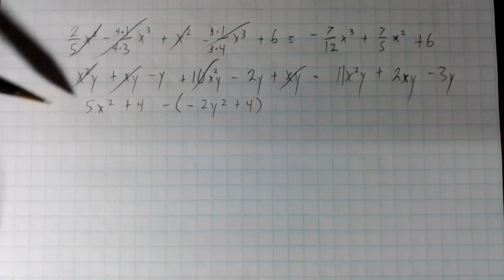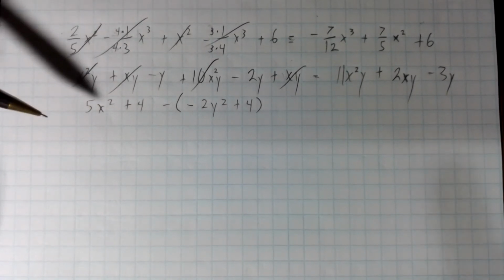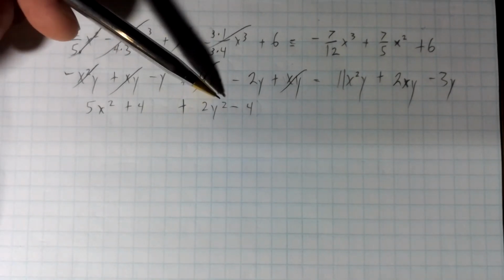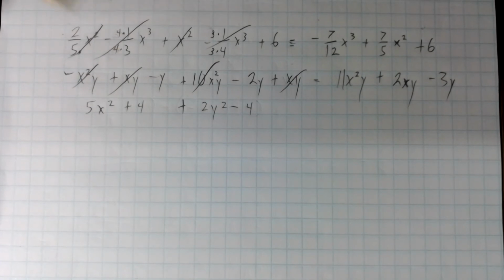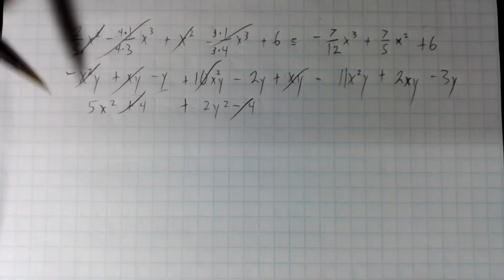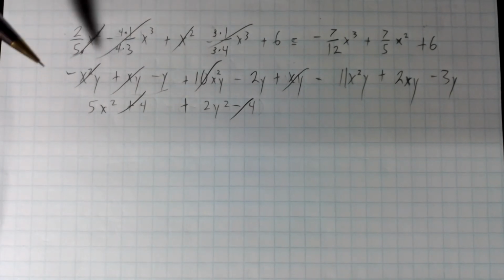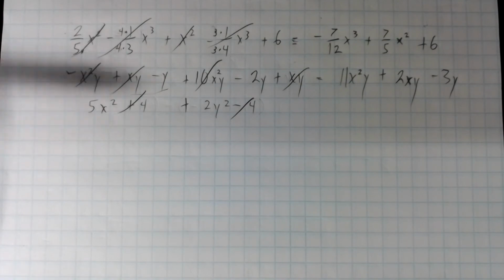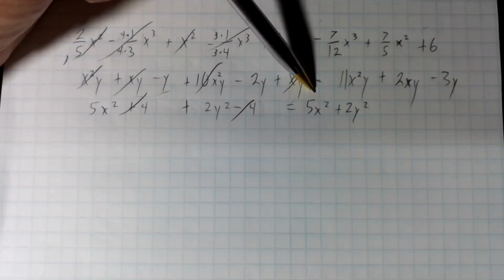There's nothing being multiplied outside the parentheses, so those can go away. And so now this becomes a plus 2y squared and a minus 4. So here I have a plus 4 and a minus 4, and those just cancel, and then a 5x squared plus 5. These cannot be combined, so here's my final answer.